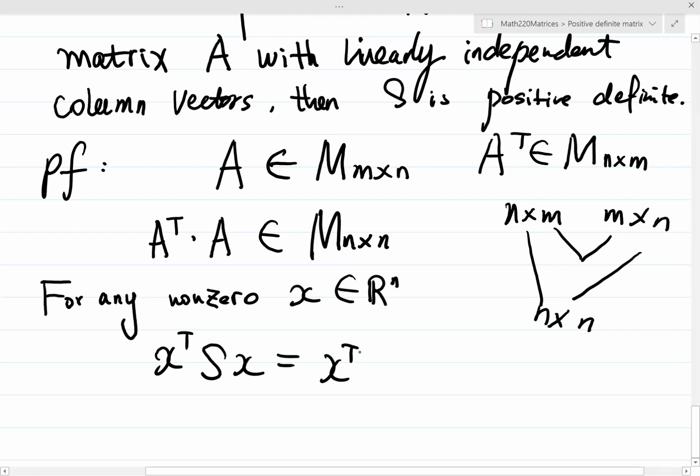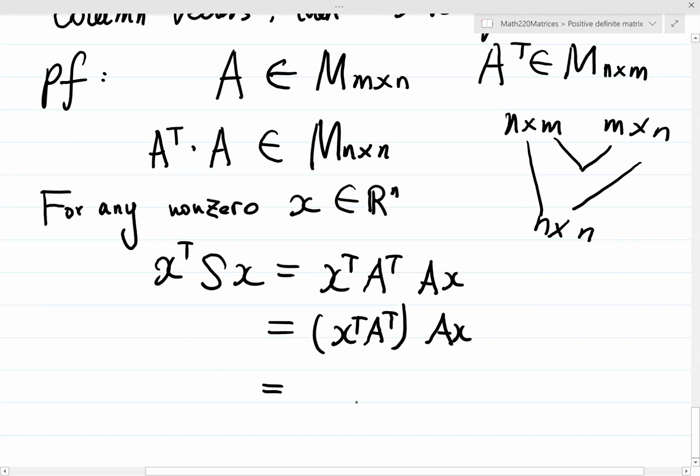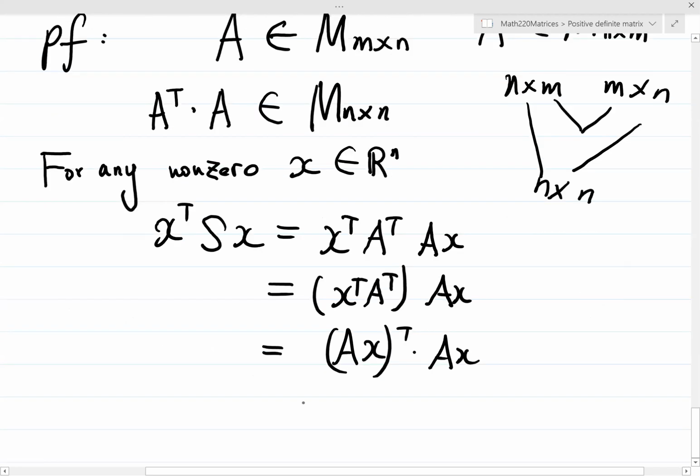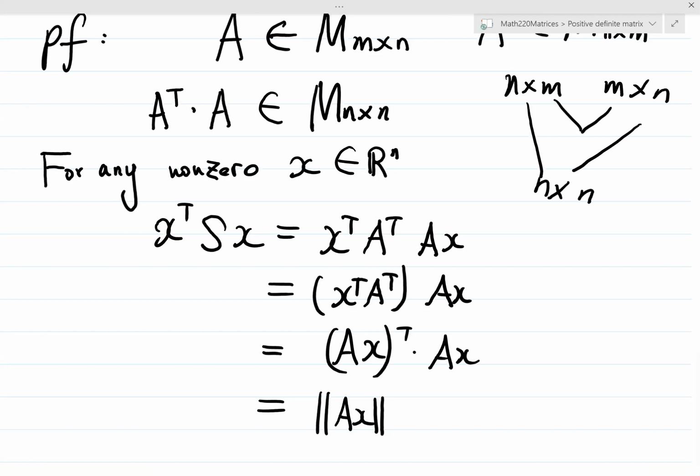Remember S is A transpose A. Multiplication is associative, so we can write it as (Ax) transpose times (Ax), using the property of the transpose. This is the dot product of the vector Ax with itself, so it gives the norm squared of Ax.